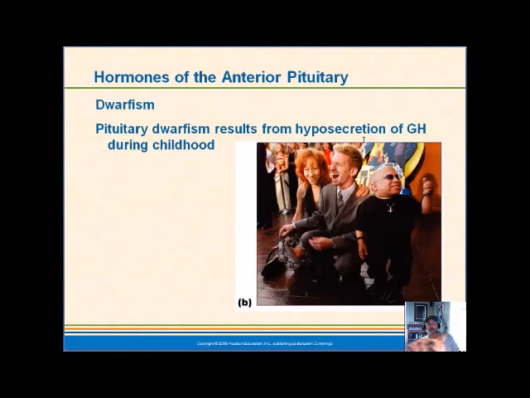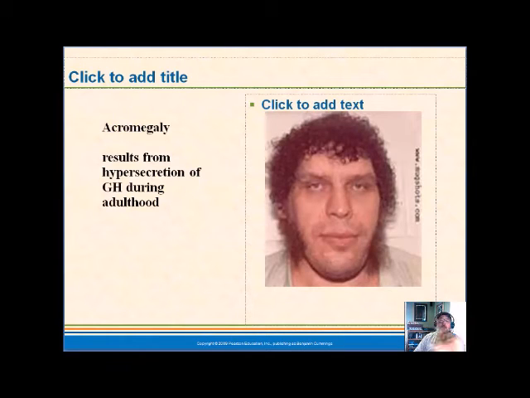Pituitary dwarfism is when you have a hyposecretion, that is, you don't have enough growth hormone during childhood. And there's Mini-Me as an example, also known as Verne Troyer. And acromegaly is what happens when you have excess growth hormone after puberty, after the growth plates have sealed.